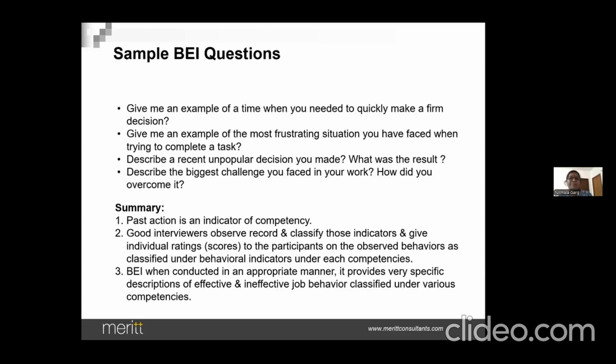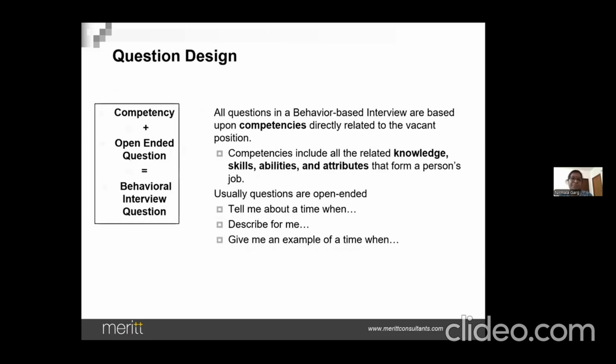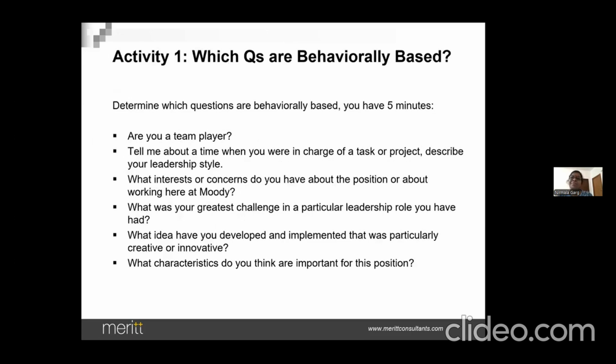Now, these are some open-ended questions which we have already talked about. You can start a question like tell me, describe, give me an example. These are good ways of starting a question. Now, there are certain questions, okay? "Are you a team player?"